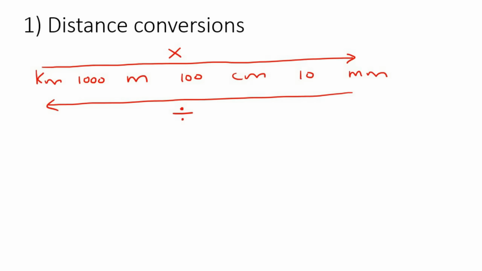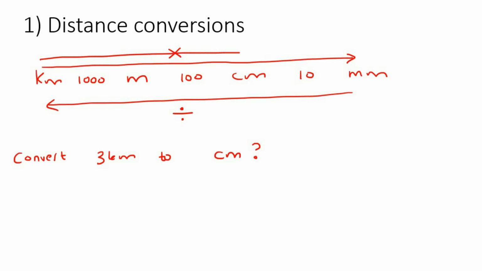So let's convert 3 kilometers to centimeters. Okay, so what you do is you go to the kilometers and we want to go to centimeters. So we're going to go to the right. Okay, so let's see what numbers we get along the way.